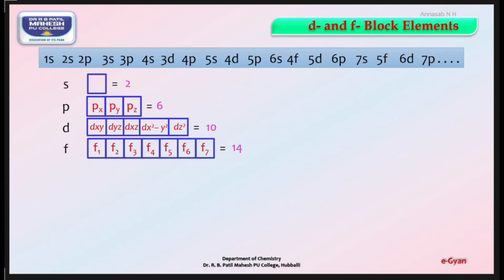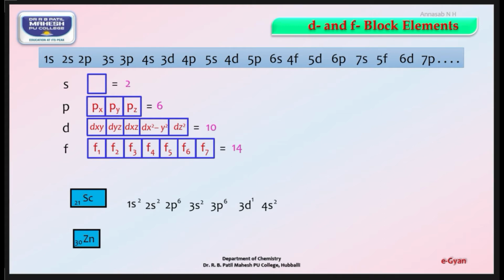Okay, so let us start with 3D series, scandium to zinc. We take example scandium, which has atomic number 21, and zinc atomic number 30. So we are going to write 1s2, 2s2, 2p6, 3s2, 3p6, 4s2 we have taken, and now we are going to write for 3d electron.